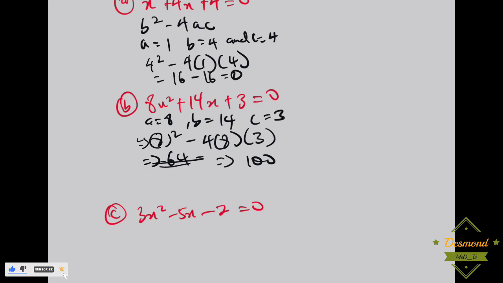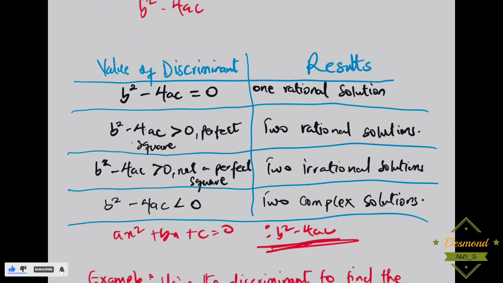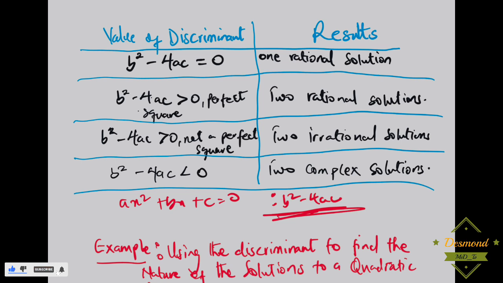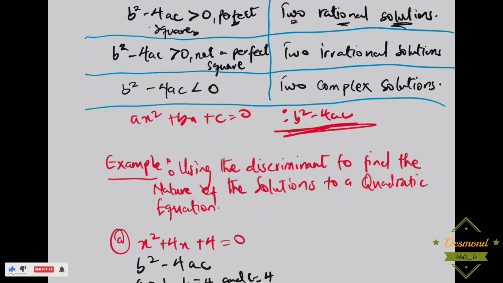So 100 is a perfect square and is greater than 0. Therefore, the solutions that we are going to get are two rational solutions.